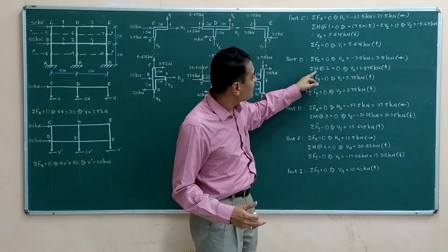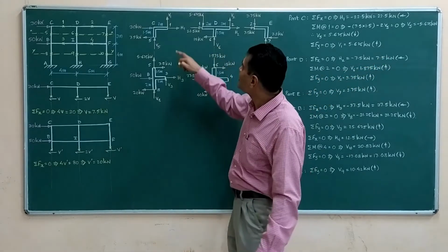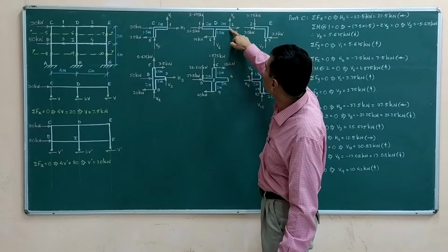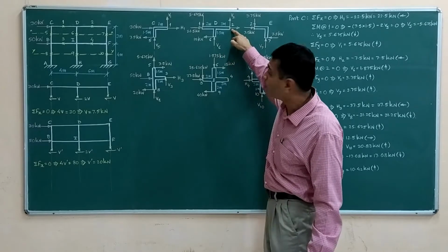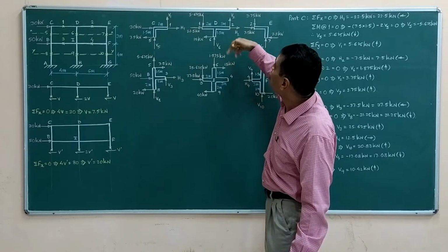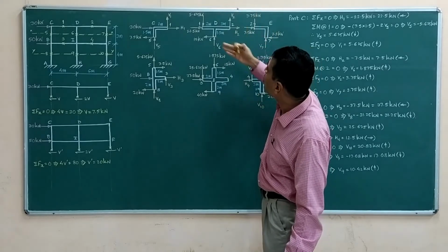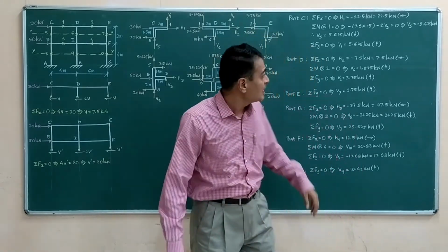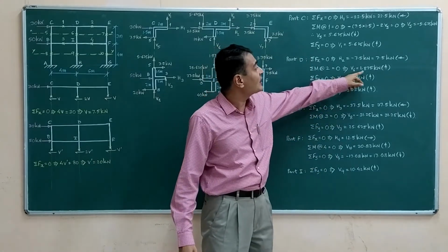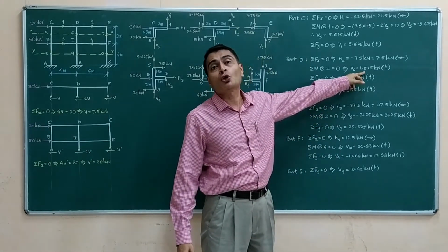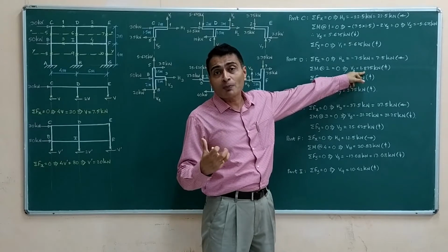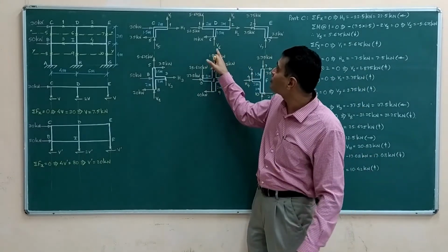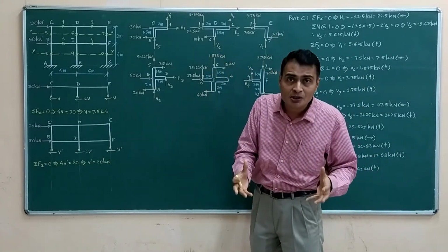Then I apply sigma m about 2 equal to 0, about this particular point. And then I consider clockwise moments negative, anti-clockwise moments positive, and I try to find my V6 answer. That V6 I am getting as 1.875 kilonewtons. I do get a positive answer, means my upwards assumed sense is correct.